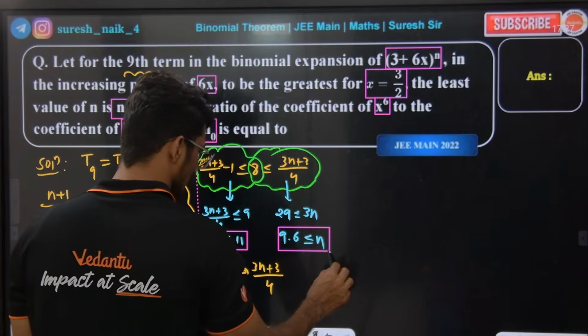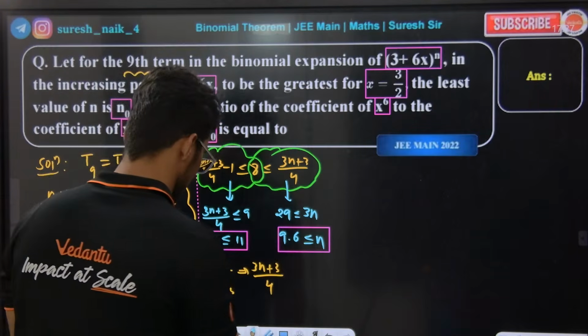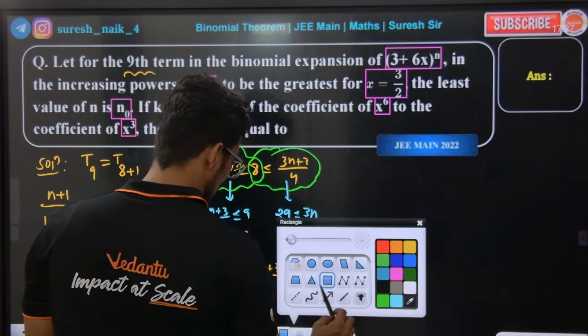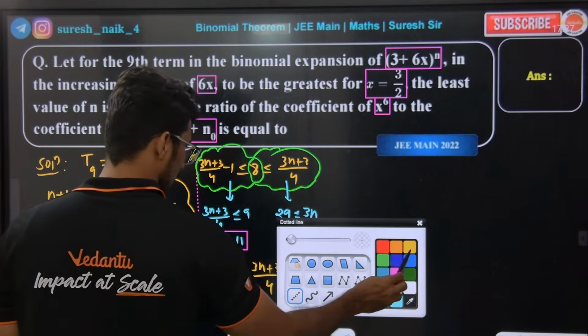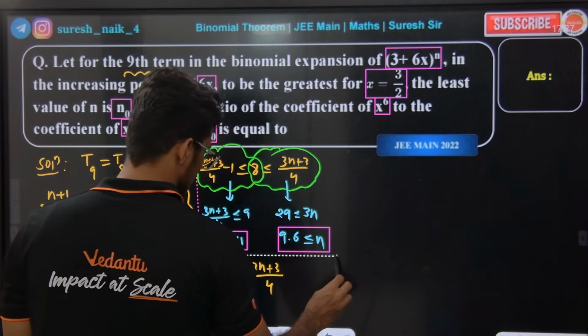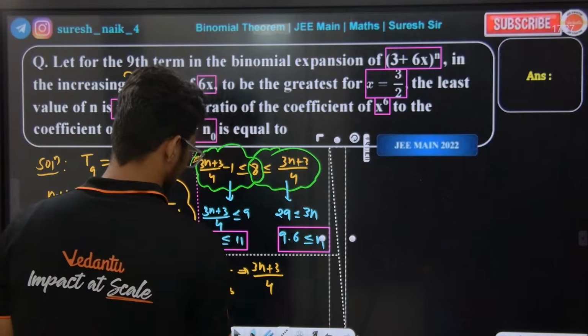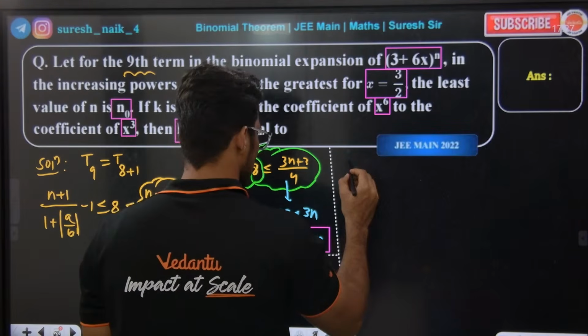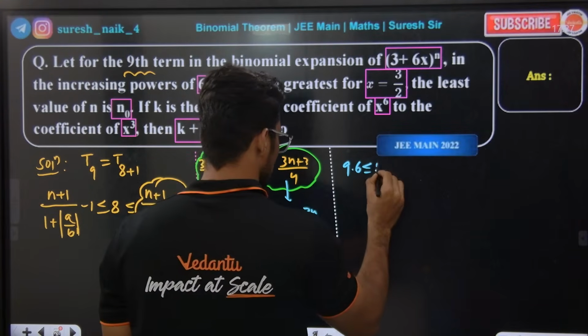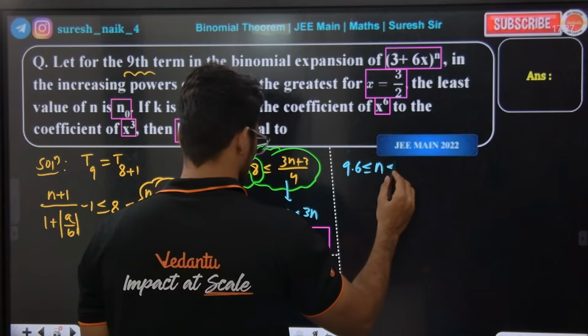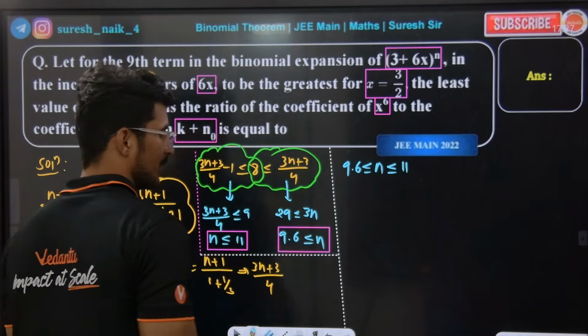I got this. Now from these two pink color boxes, what I am going to conclude, what I am going to write, listen to the class. From these two pink color boxes, can I say that 9.6 is lesser than or equal to n, lesser than or equal to 11? So what should be the n value? Tell me here.